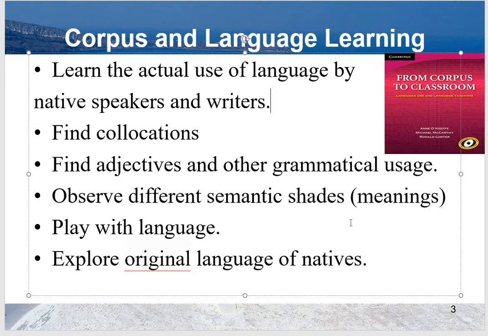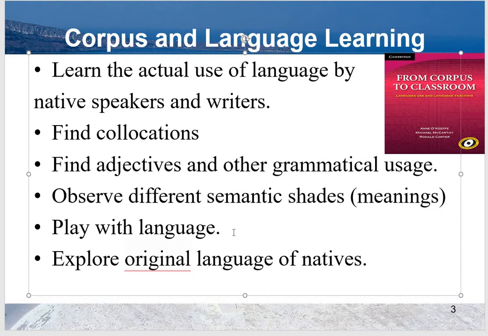So certain dictionaries can be generated with the help of those corpora. And a register. Register means certain meaning in one variety of language. So different semantic shades in different domains of knowledge and professions can be studied.